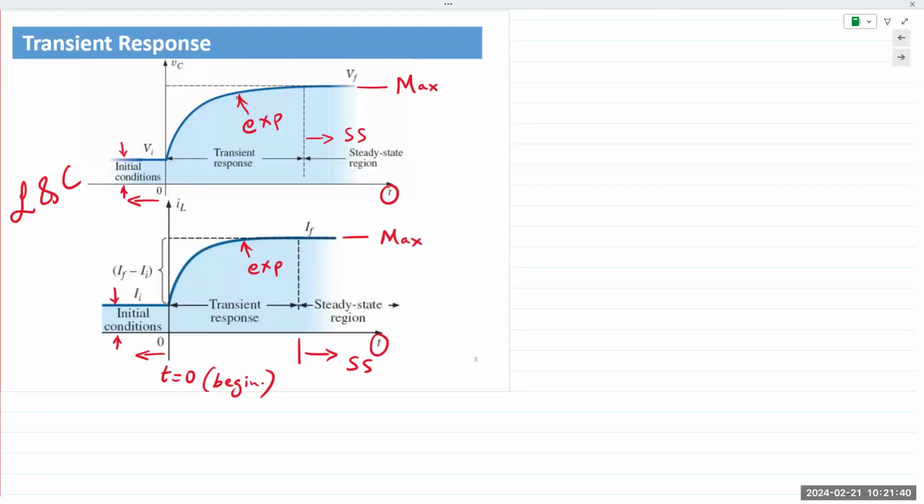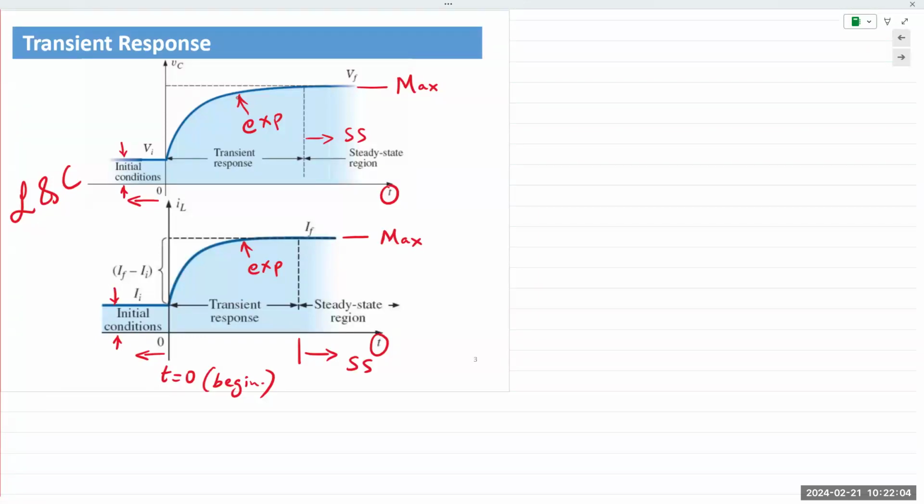Typically, for all the examples I use in this class, it's always a completely discharged capacitor or a fully discharged inductor. So the value of the voltage or the current that is stored in the components is always 0. In real life, that's not necessarily the case. It will always have some stored energy.